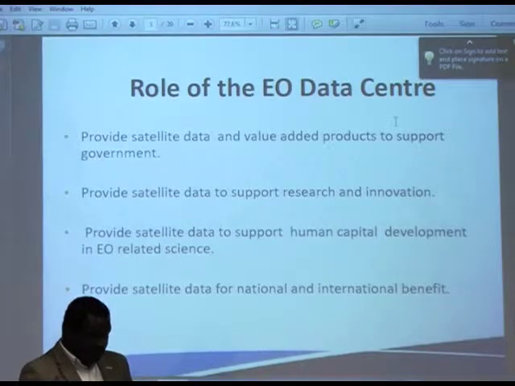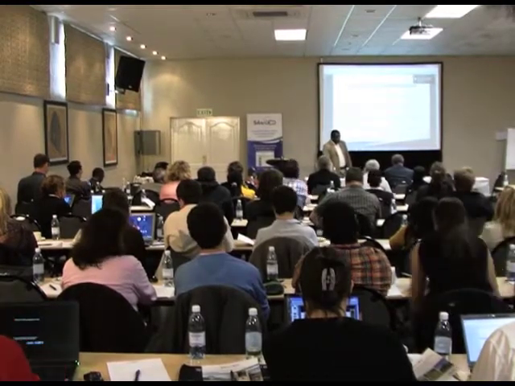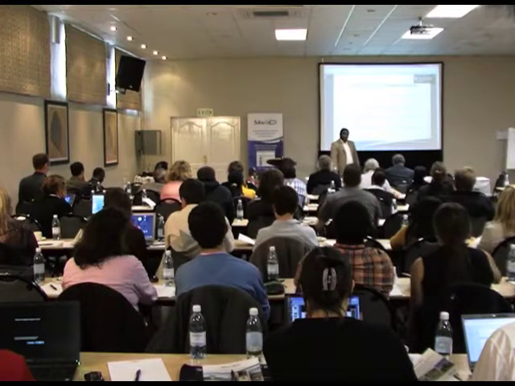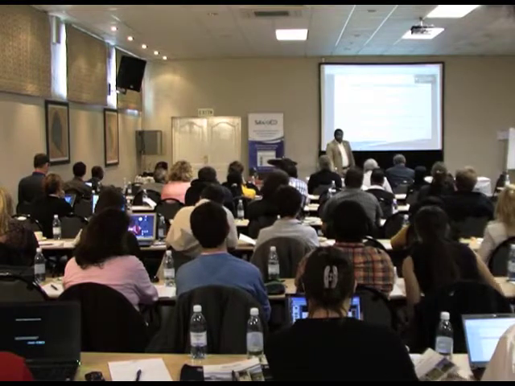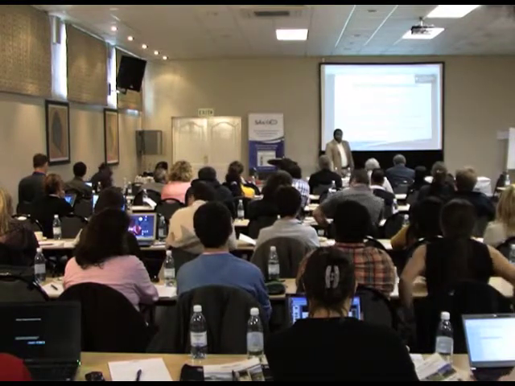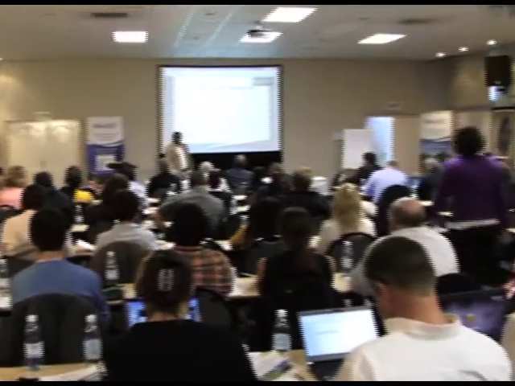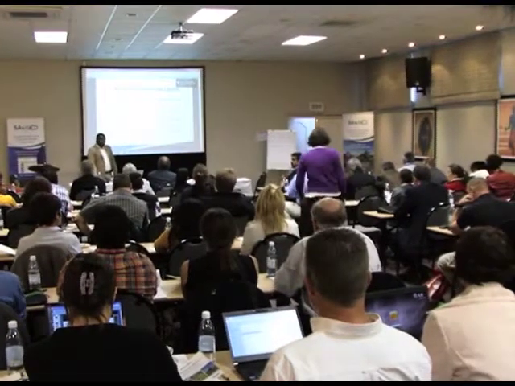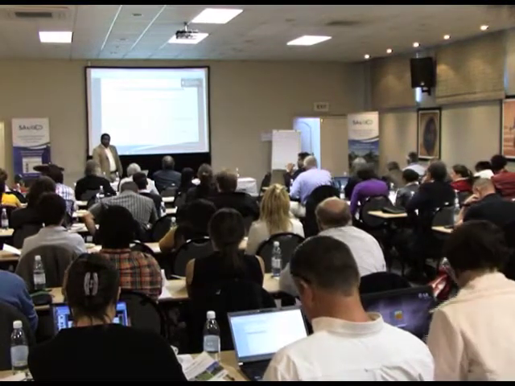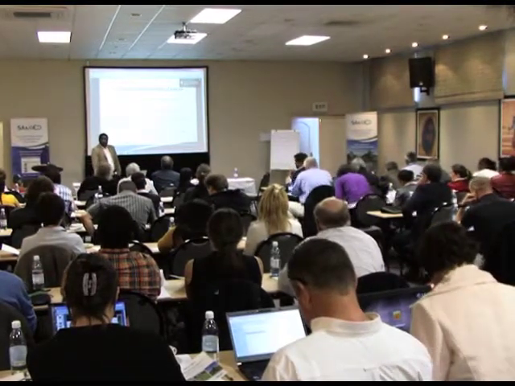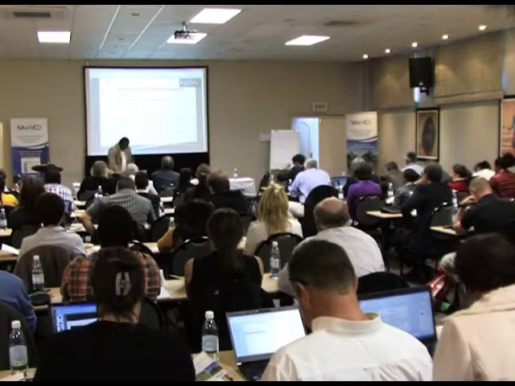One of our other functions is also to support other national priorities and international initiatives, such as the MSG project and the TIGER projects, which are happening across Africa. So our key role there is to provide satellite imagery in those particular projects.